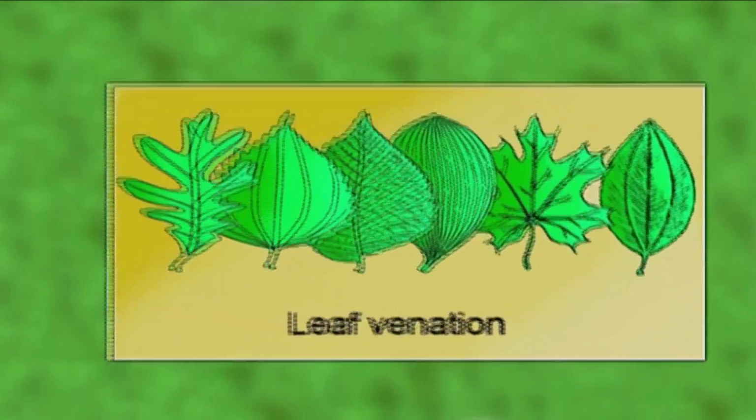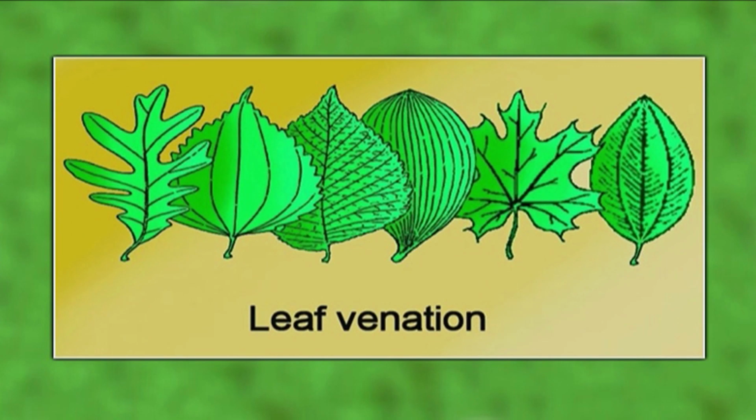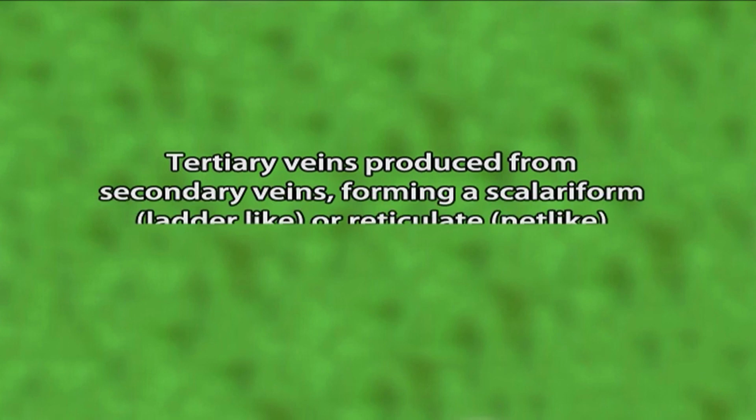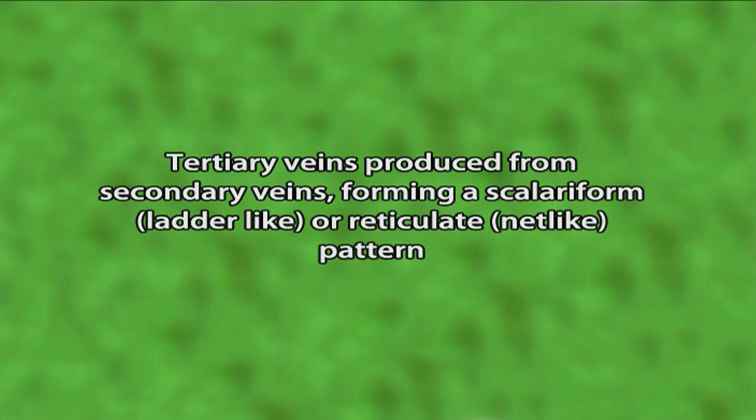Now venation. The pattern or arrangement of veins in the leaf blade is known as leaf venation. If there is only one prominent vein in a leaf, it is called midvein or primary vein. Branches from this vein are called secondary veins. Tertiary veins are produced from the secondary veins, forming a scalariform, ladder-like or reticulate, net-like pattern.